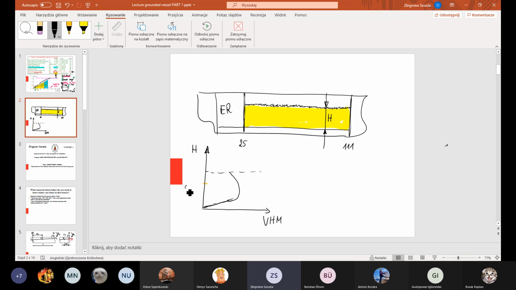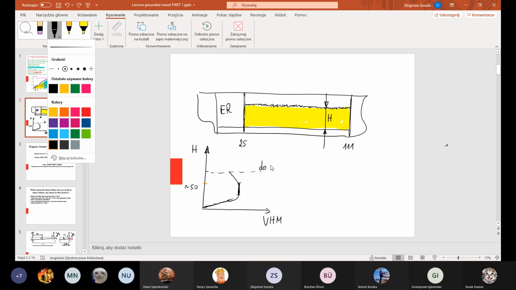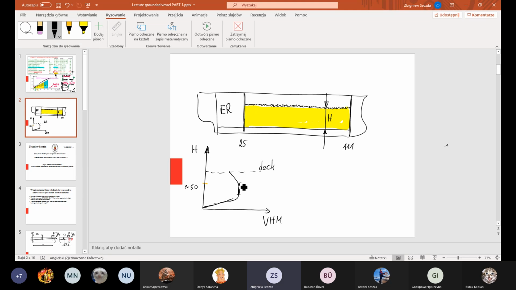Somewhere, let's say more or less 50%, the volumetric healing moment is the biggest one. And then when you are close with your surface to the deck, here actually it is deck, when the surface is closer to the deck, the volumetric healing moment decreases.